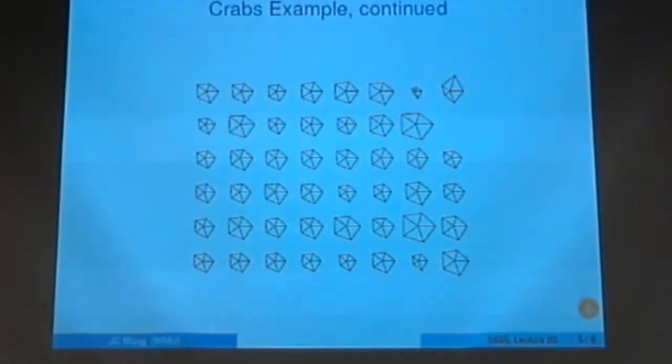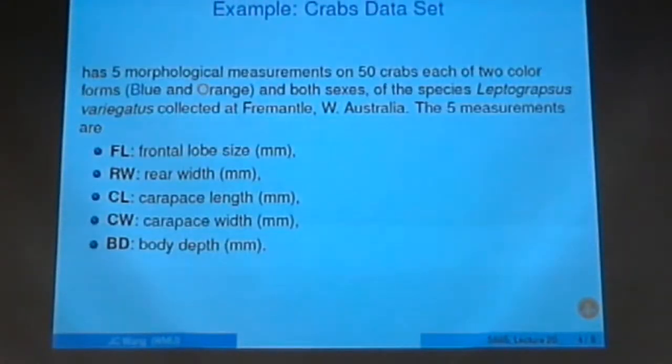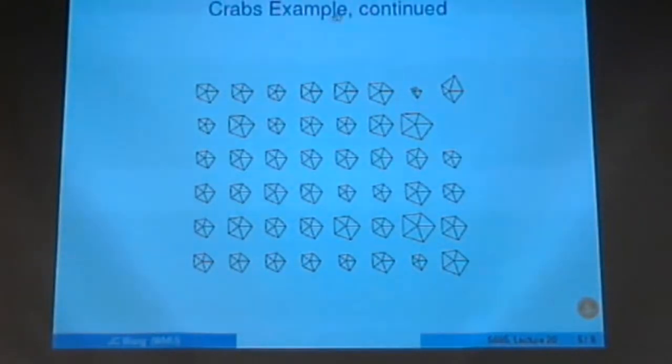So here, there are 50 crabs, right? Here we have this graphical representation of these 50 crabs. We have 1, 2, 3, 4, 5, 6... only 48 here, but not all of them.